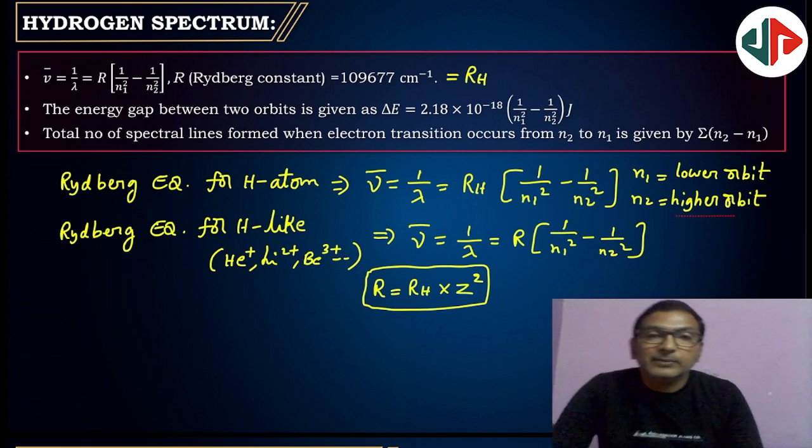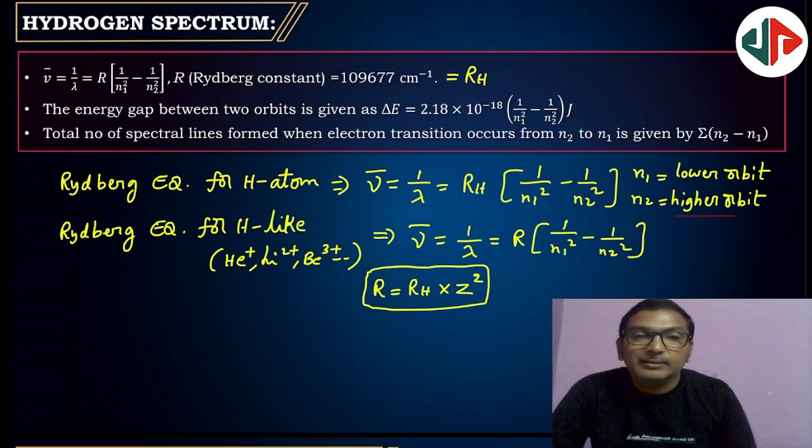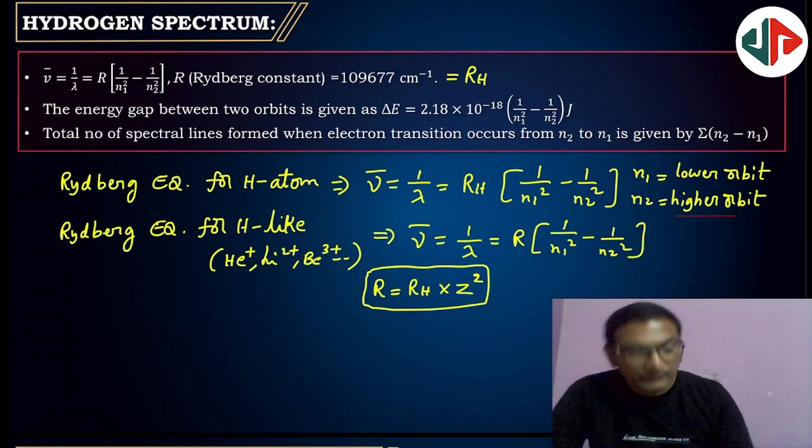So from this we can calculate wavelength of any spectral line, wavelength or wave number also. Nu bar is wave number. So from wavelength we will get wave number. Wavelength, wave number, frequency, energy of any spectral line by using Rydberg equation.